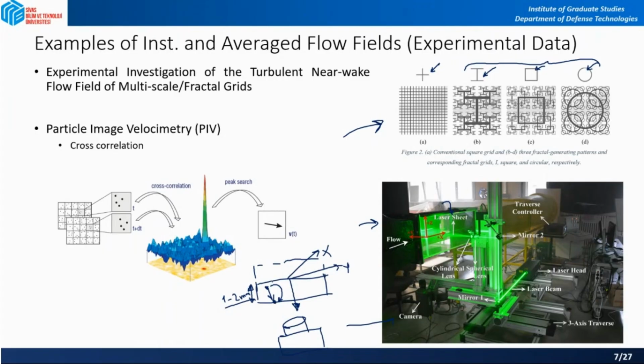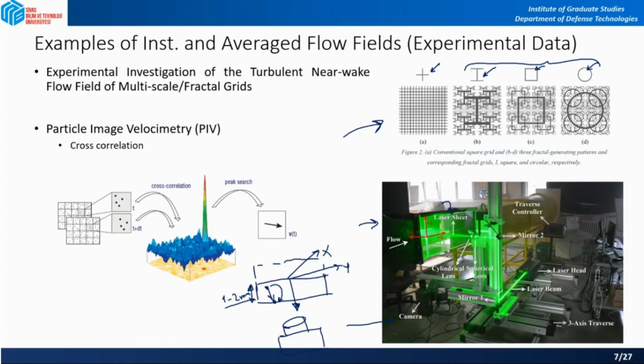So when you get the PIV data, as you see in here, you get the instantaneous flow field. I assume that you know about PIV, but because this is not an experimental aerodynamics course, the principle is a very simple idea. You have a digital camera like I showed you in here, and it looks at the area of interest inside the laser sheet, and its field of view is the area inside the laser sheet.